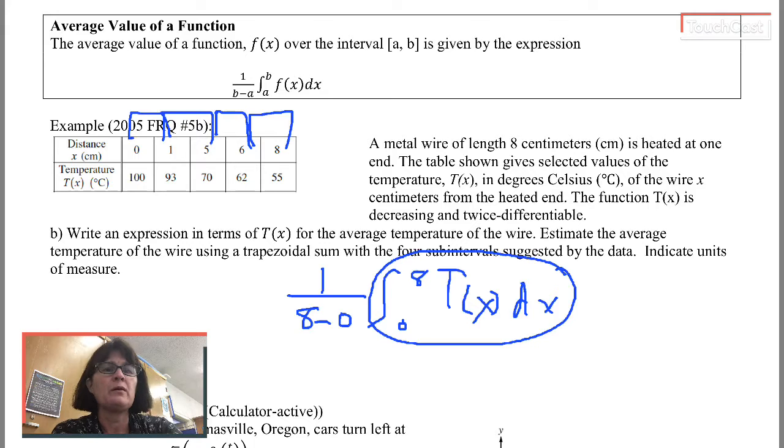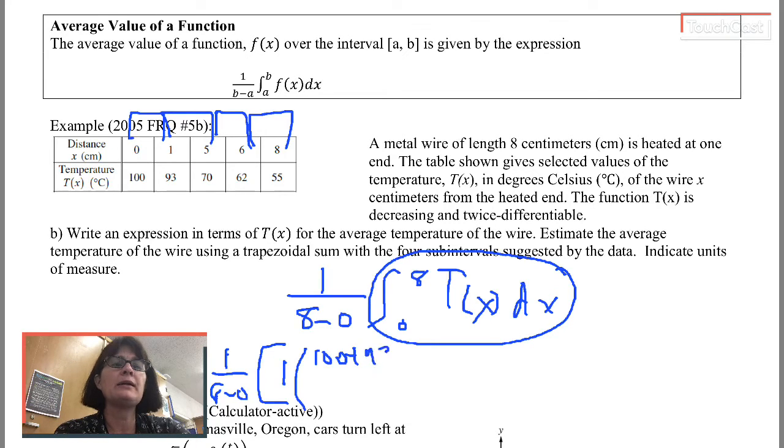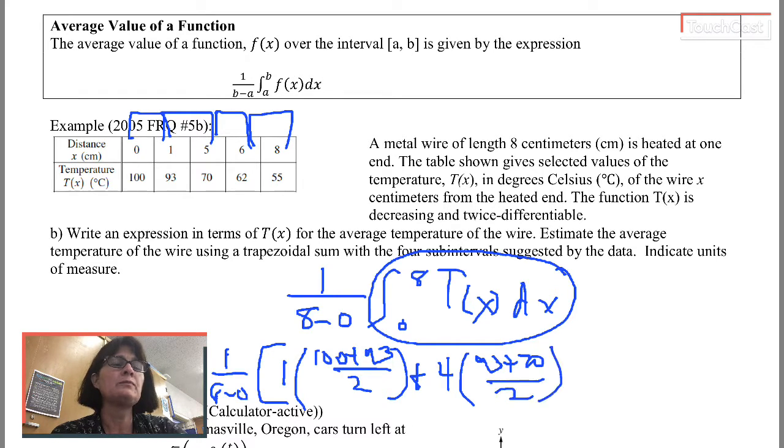I'm going to write 1 over 8 minus 0, which is just 1/8. Feel free to simplify that. Times, now I'm going to write my trapezoid sum. So the distance across the first trapezoid is 1 centimeter, and then the average of the heights, that's 100 plus 93 over 2, plus the second trapezoid has a width of 4, 93 plus 70 over 2.